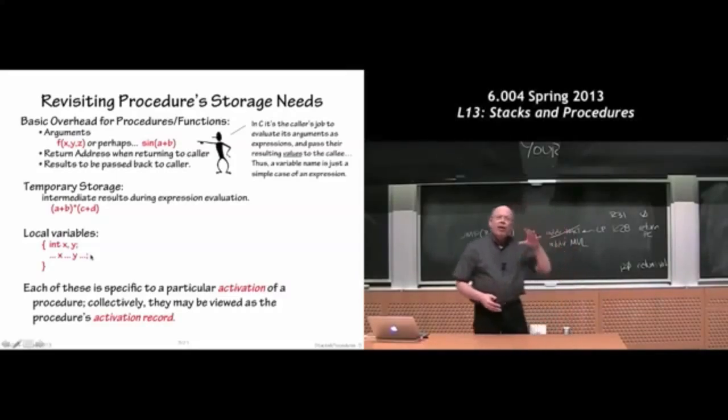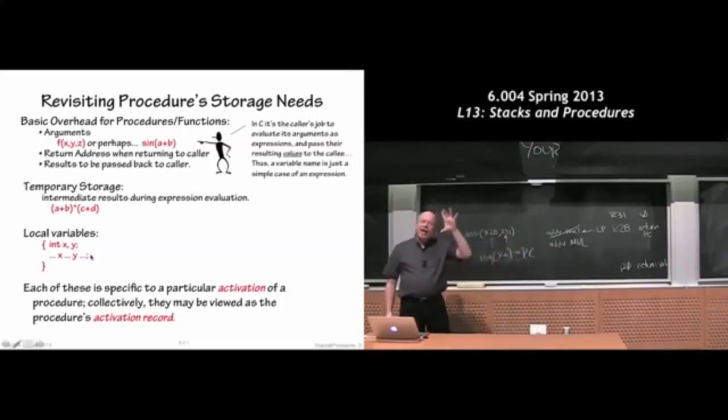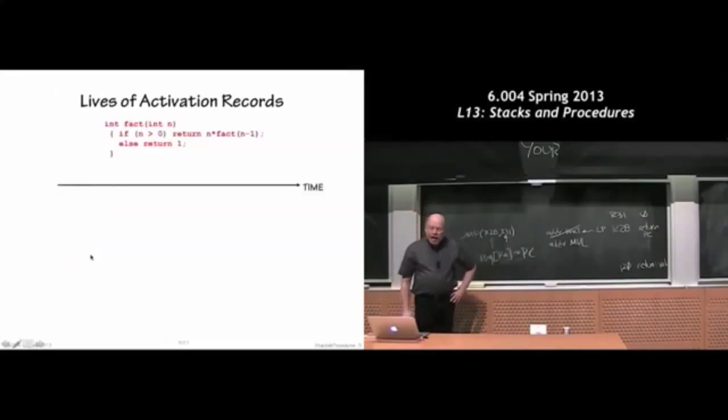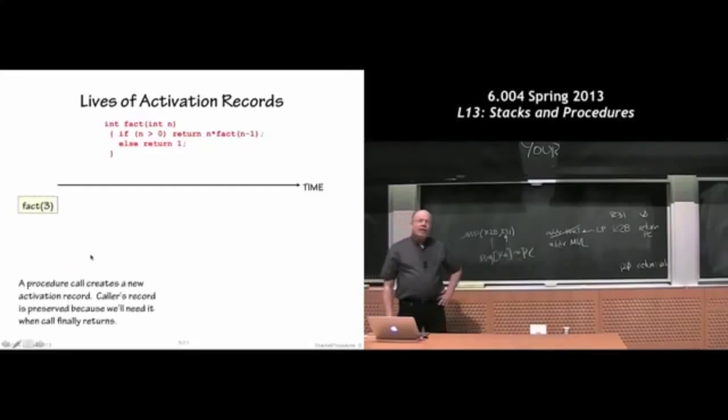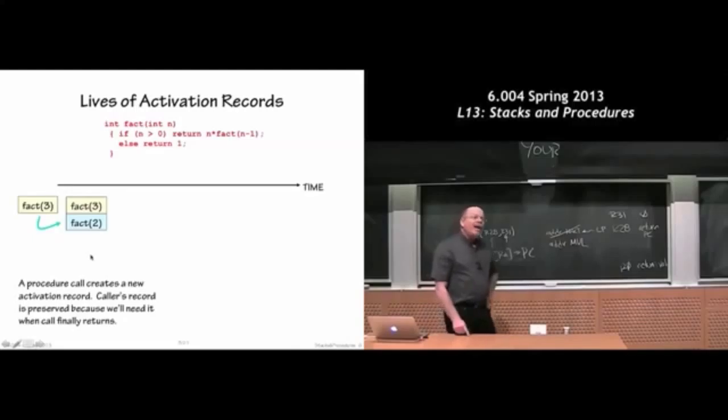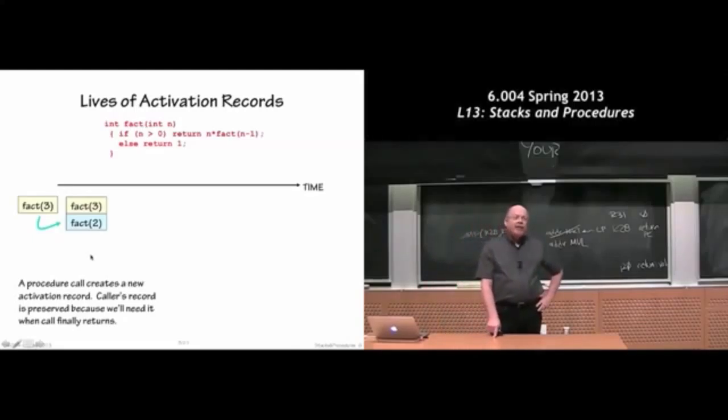And collectively, we're going to call these an activation record. It's a collection of storage that we need. Every time I make a call to Factorial, this storage has to be put somewhere. And in fact, when I make a call to Factorial, for instance, fact of 3, you can see that somewhere along the way, it will make a recursive call to fact of 2.